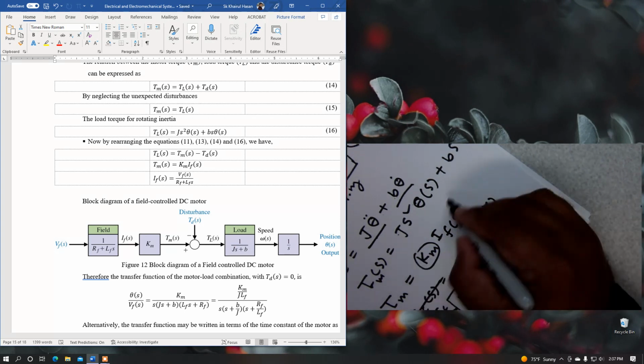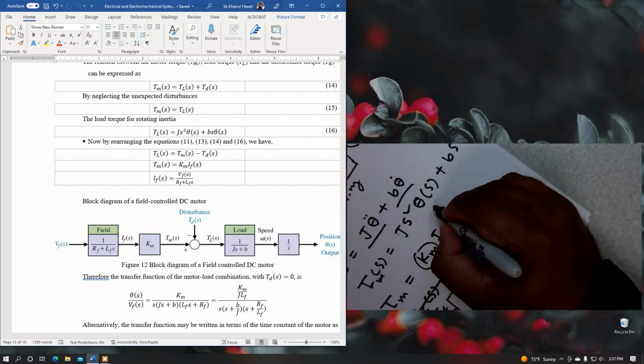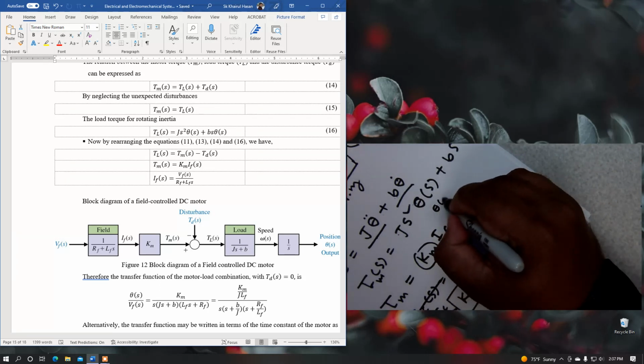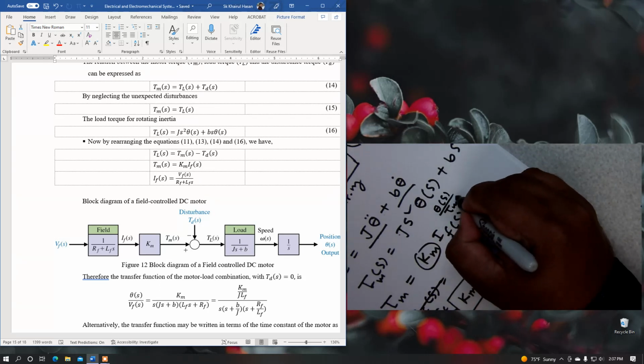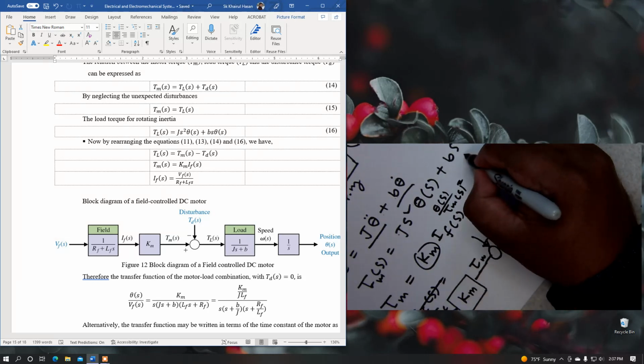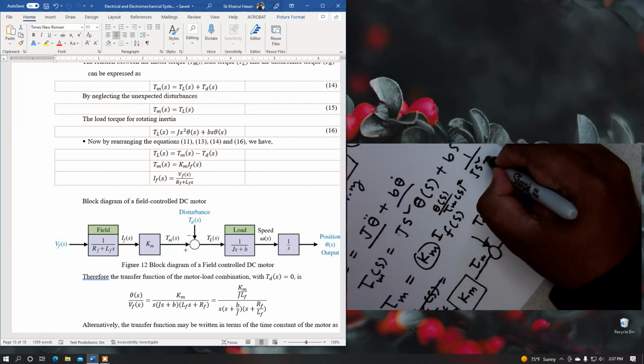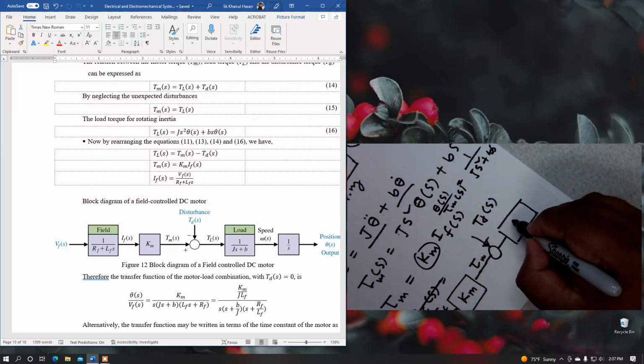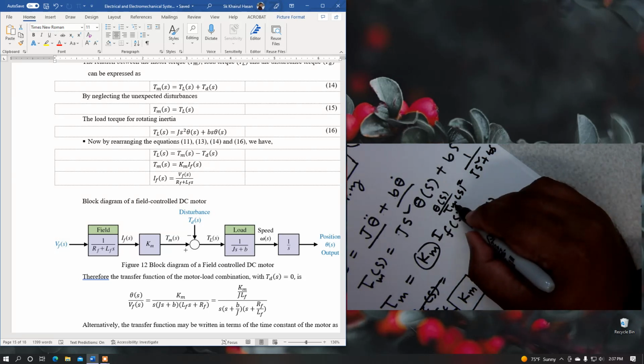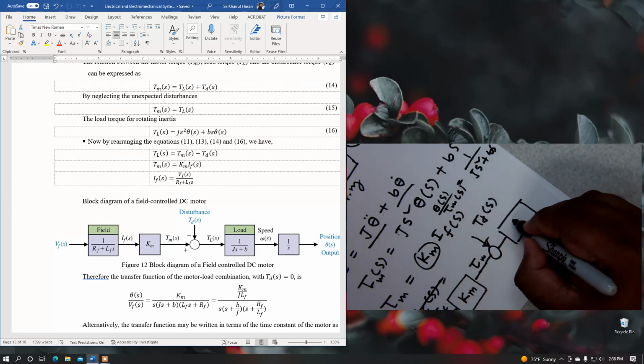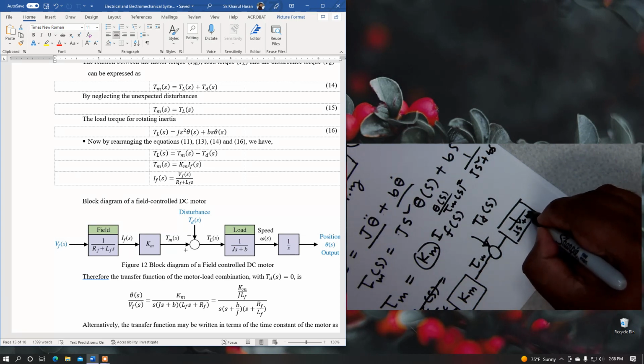So if we write the transfer function here, theta s over tau m s equals 1 over J s square plus bs.